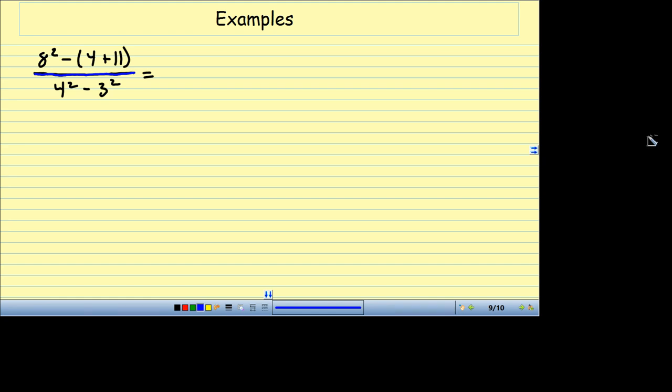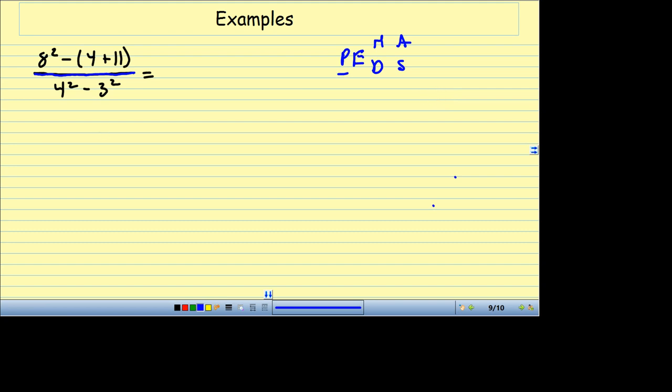So let's take care of things. I got to write my order of operations. Got my PEMDAS. And now, first thing I'm going to do for the top, I'm going to look for parentheses. For the bottom, I'm going to look for parentheses.